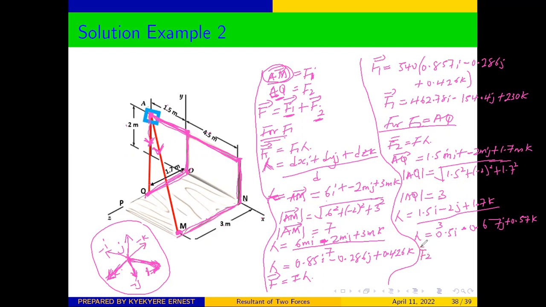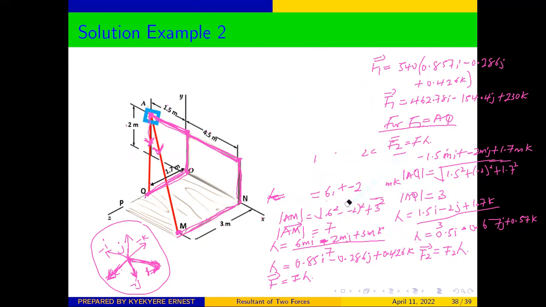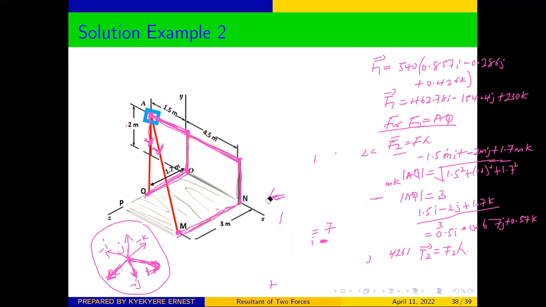Our F2 bar will be equal to F2 lambda. And we have been given F2 from our question. So we should be able to find F2 in the vector form.